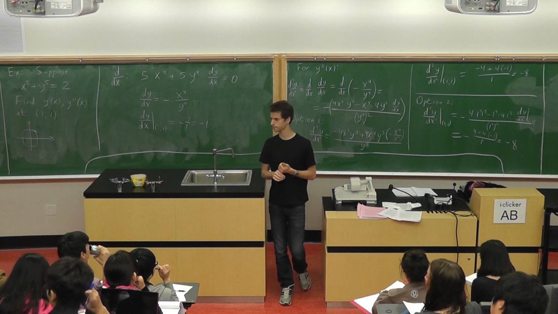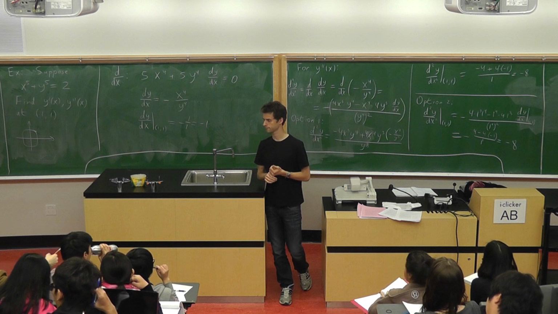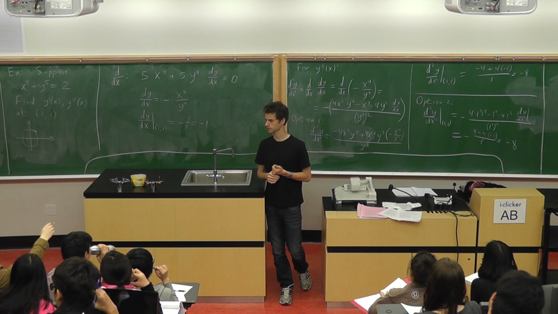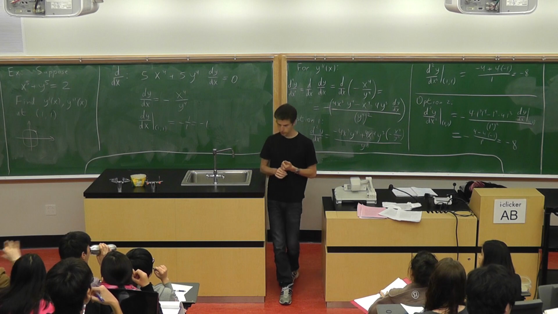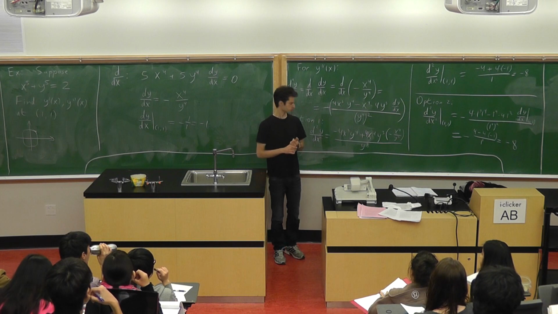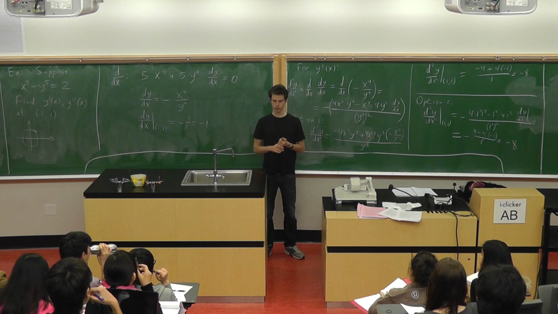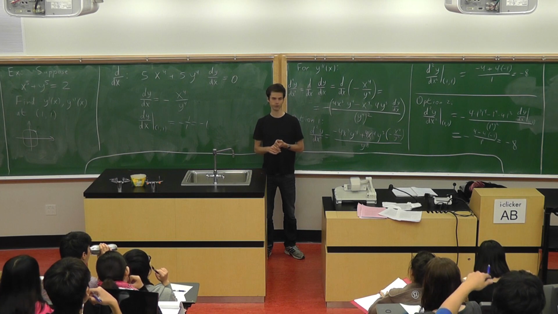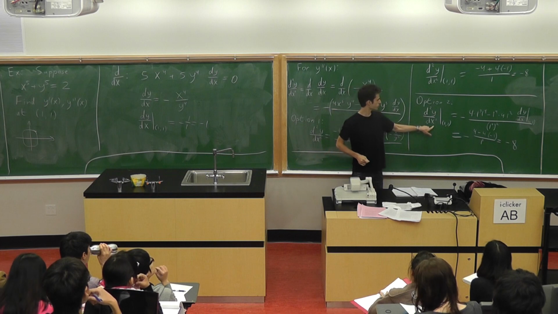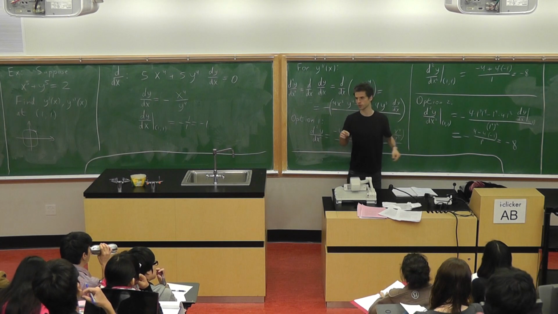Yeah. We substitute d over dx with y prime, d squared of y over dx squared with y double prime. Yes. You can do this. I don't know a good notation for how to denote second derivative at the point 1, 1.